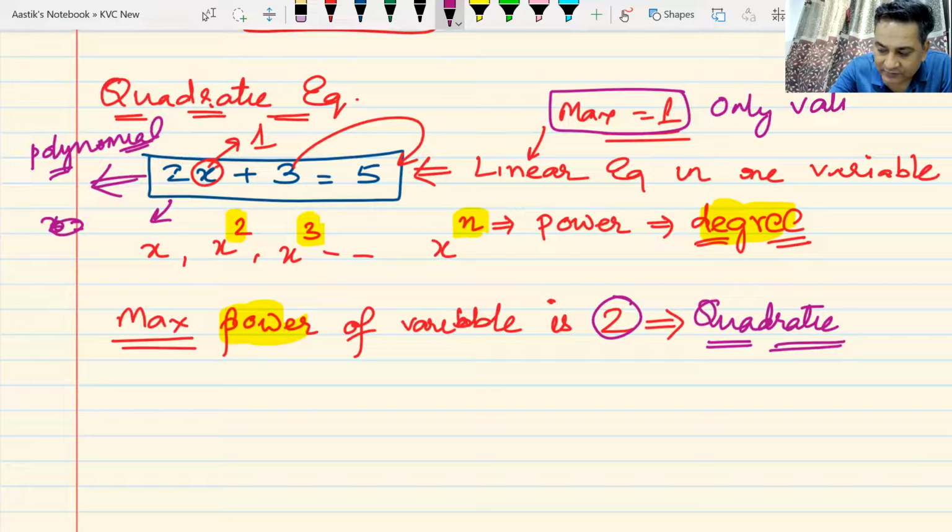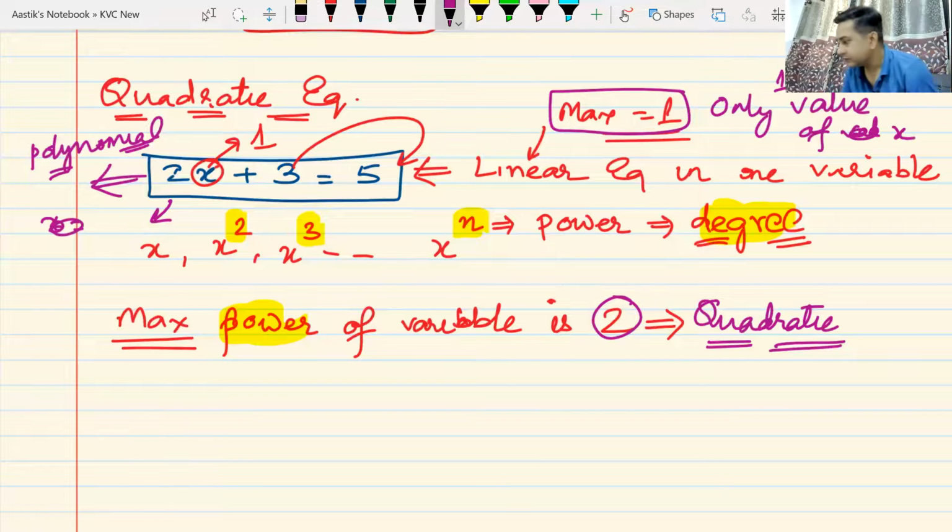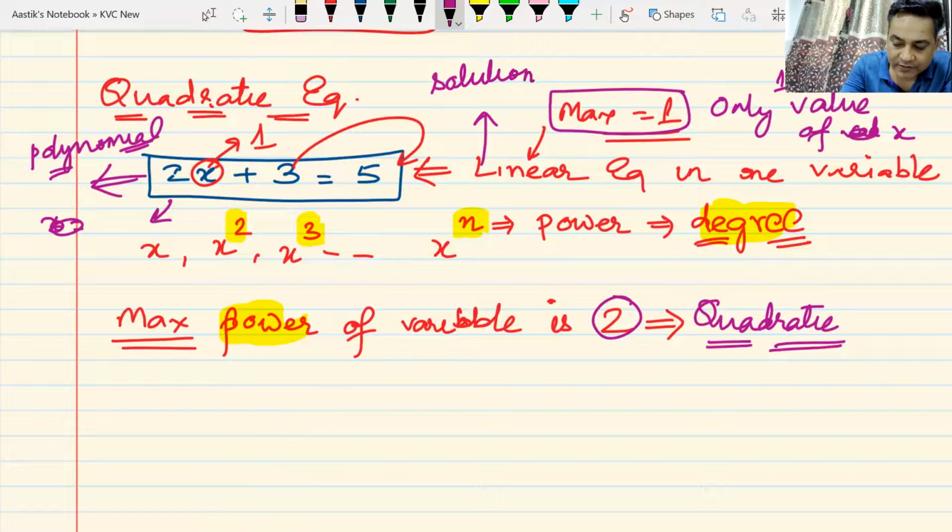So for a linear equation, there is only one solution. When I say solution, I mean how many answers we are going to get, how many values of x. For a linear equation, there is only one solution or one answer.